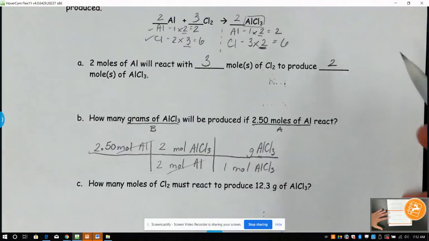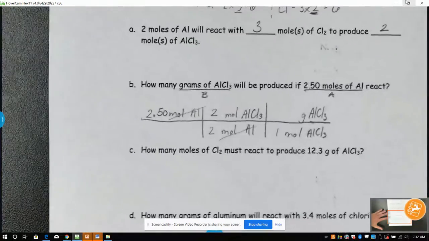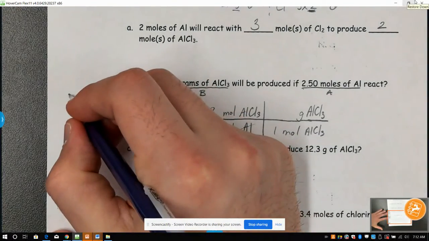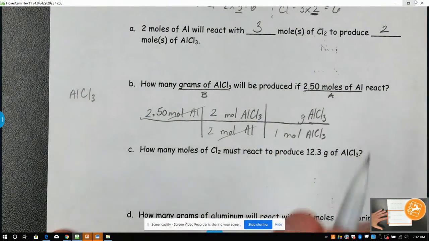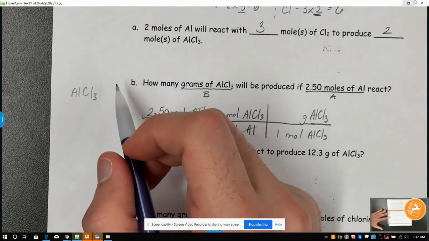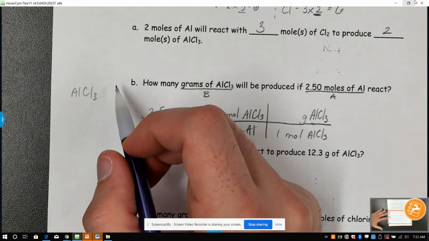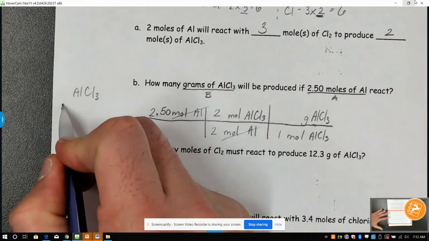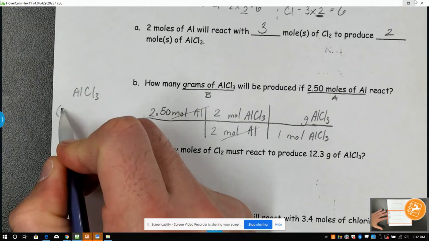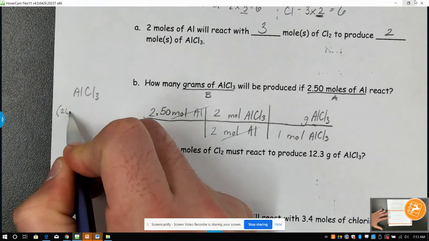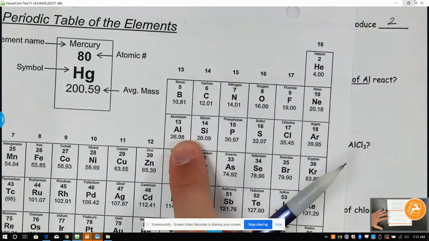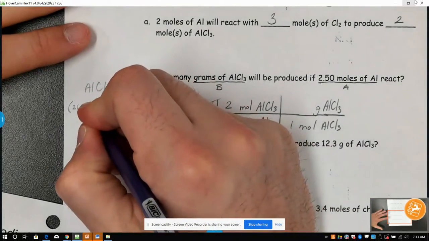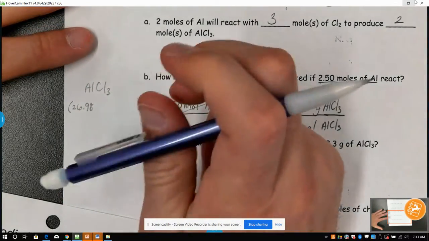Okay, so I'm just going to do this over here real quick. AlCl3. Aluminum is, where's my periodic table? Look up aluminum, 26.98 grams.